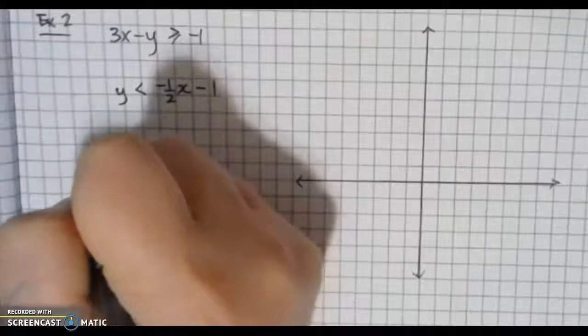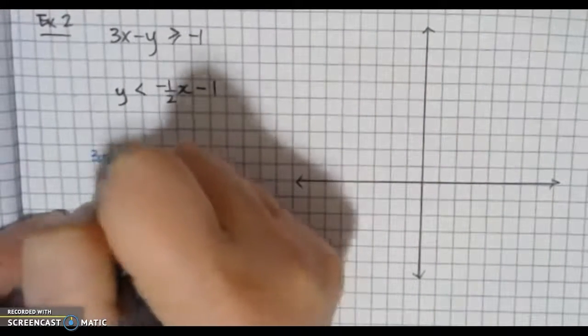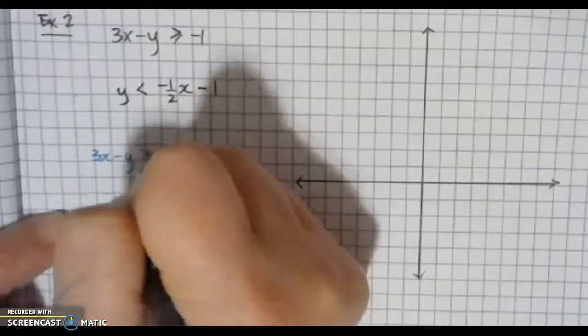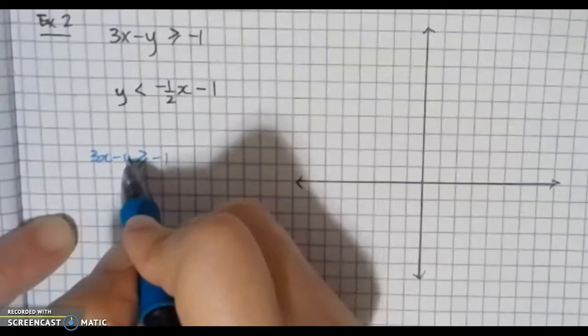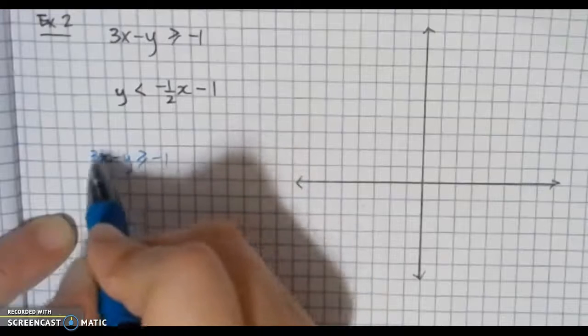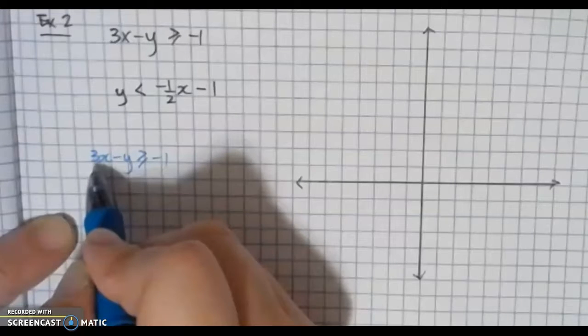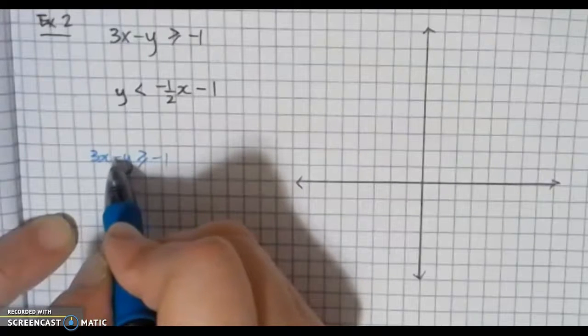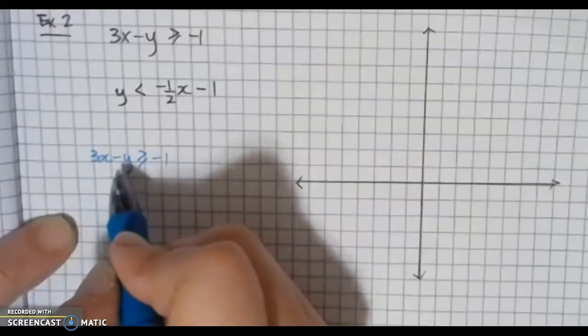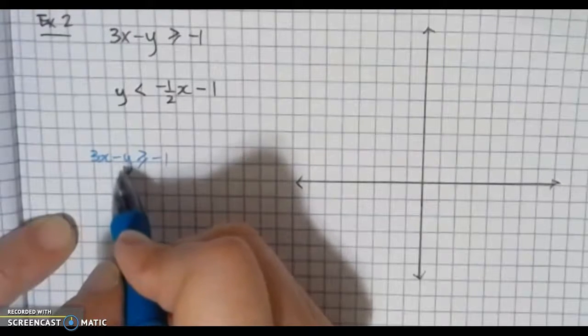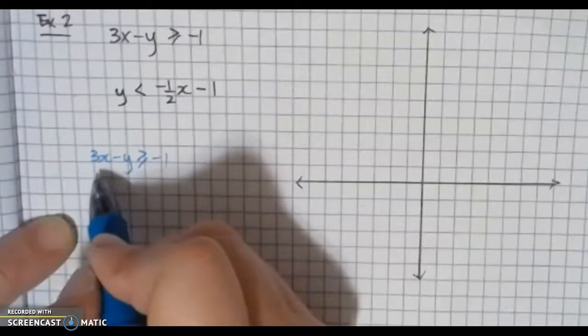Okay, 3x minus y is greater than or equal to -1. We want to have it in terms of y. That means we want to get rid of anything that is around y. We want to get rid of 3x, and we want to get rid of this negative sign as well. Remember, when we're solving a two-step equation, we always add and subtract first.